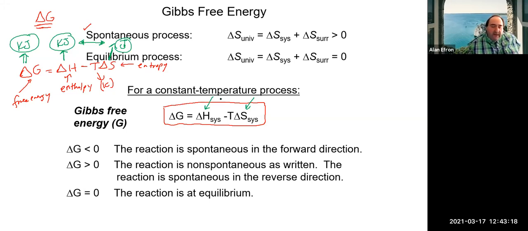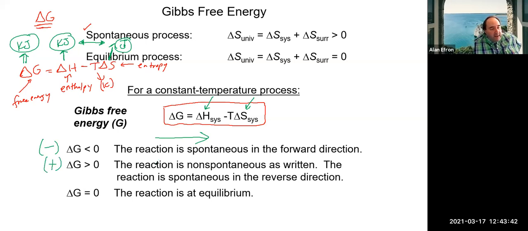But the delta G value itself will tell us whether or not a reaction is spontaneous. If the delta G is less than 0, which means it is negative, the reaction will be spontaneous in the forward direction. So the way the reaction is written, we would expect the reaction to head towards the product side if the delta G is negative. If the delta G is positive, the opposite is true.